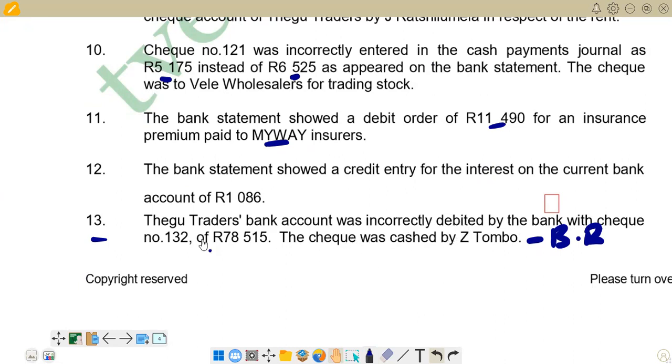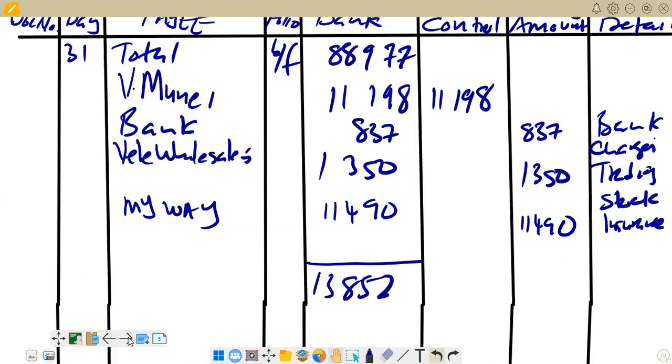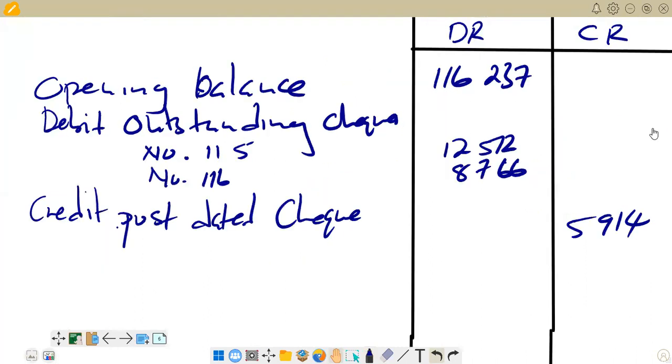An amount of 78,515 was debited in our bank statement, but it was not supposed to be processed in our account. So you need to remove it. If it was debited, to remove it, go to the credit side of the bank reconciliation and put 78,515.